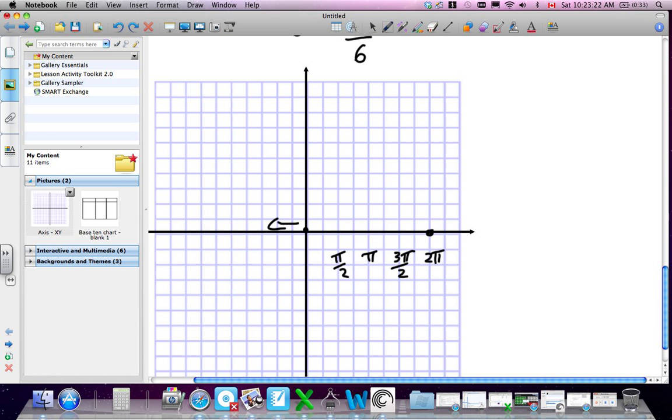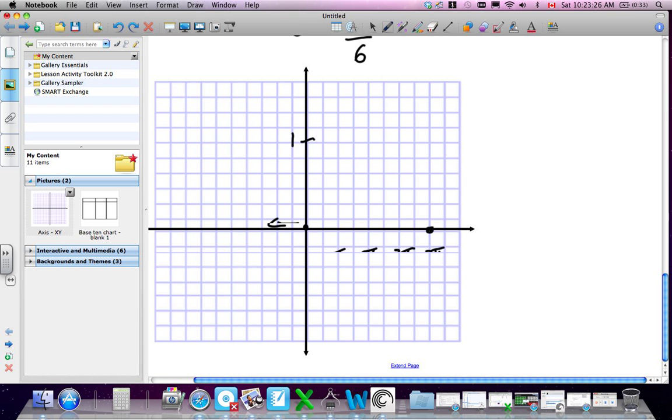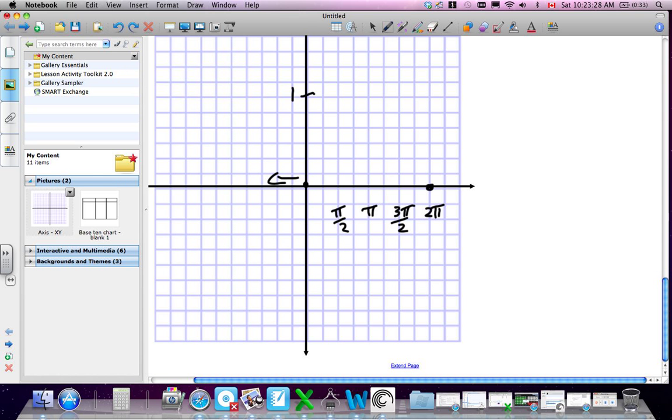If you remember, a normal cos wave tops out at 1, or actually starts at 1, and bottoms out at negative 1. So we have our cos wave starting at 0 and 1, so that's a major point. We have another point at pi over 2, and y is 0.